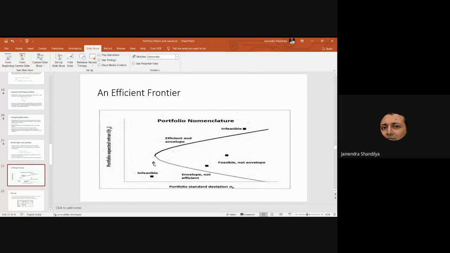Now there is a concept called global minimum variance portfolio. Have you heard of this term? Yes, sir. So what is that? The most feasible portfolio with the lowest standard deviation and highest mean, I think. No, highest mean is wrong, but lowest is correct.